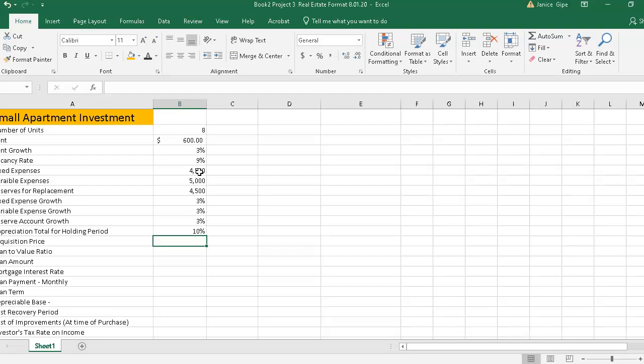Acquisition price is $375,000 with a loan to value ratio of 80%.